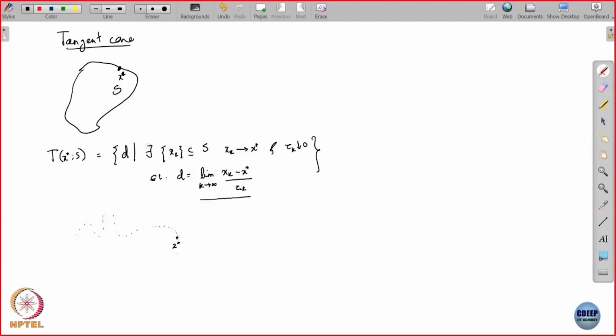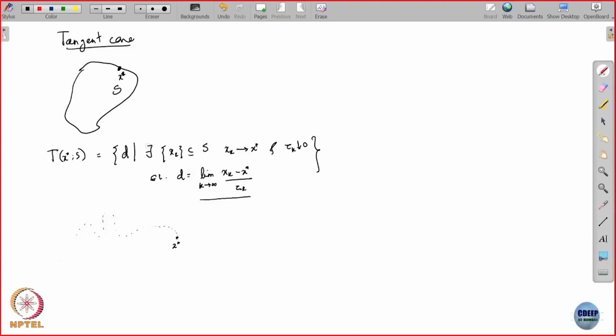As xk goes to x star, this is the tangent to the trajectory, and my intuition for that was that you should think of xk minus x star as the distance between xk and x star, and tau k as a unit of time. So, this is like a velocity, right? It is the rate at which xk is approaching x star. So, it will eventually become tangent to the precise curve, the trajectory that xk traces.